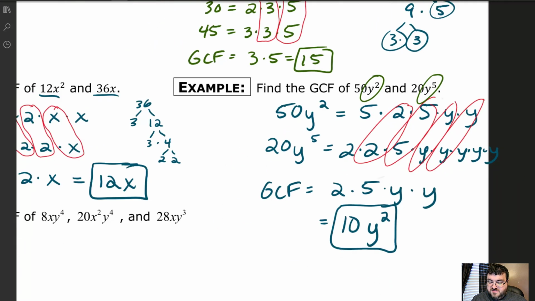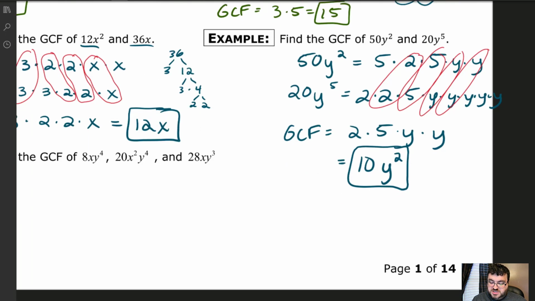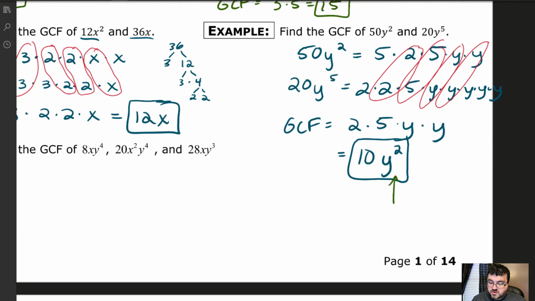So this might give you a rule in your mind for the GCF: it's always going to be your lowest power of variable that makes it to the GCF, because the least number of them is what's in common. We had 2 y's in common, so the least power of the variable will be in the GCF.